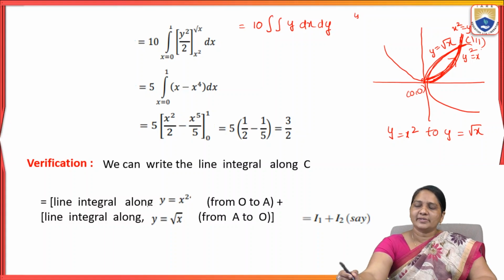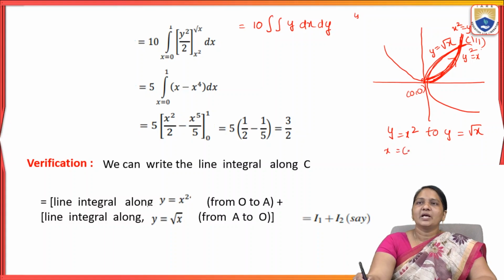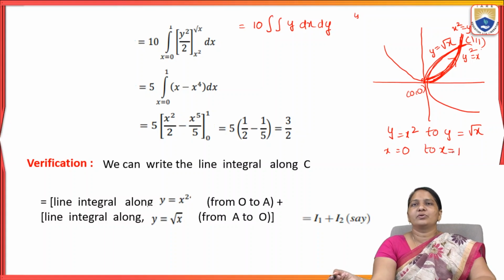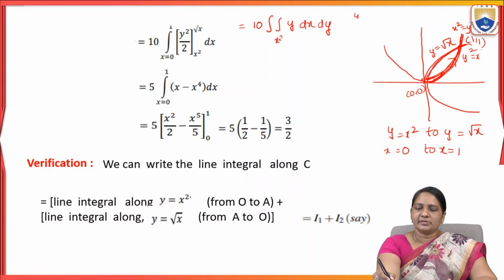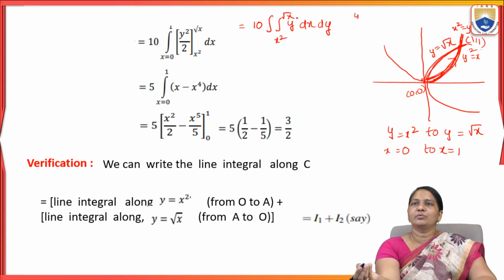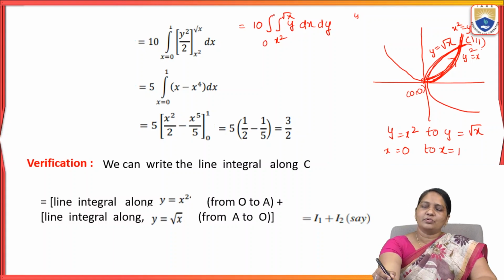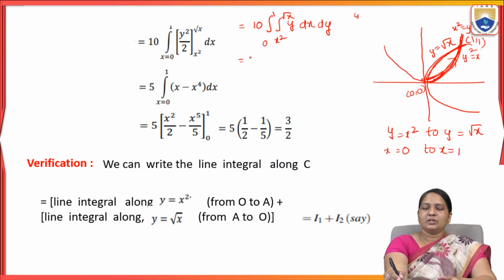According to the intersection points, you can tell the x limits also: x equal to 0 to x equal to 1. Now I am replacing: the y limits are x square to root x, and the x limits are 0 to 1. So now this is 10 times the integral from 0 to 1, of the integral from x square to root x of y dy, into dx.